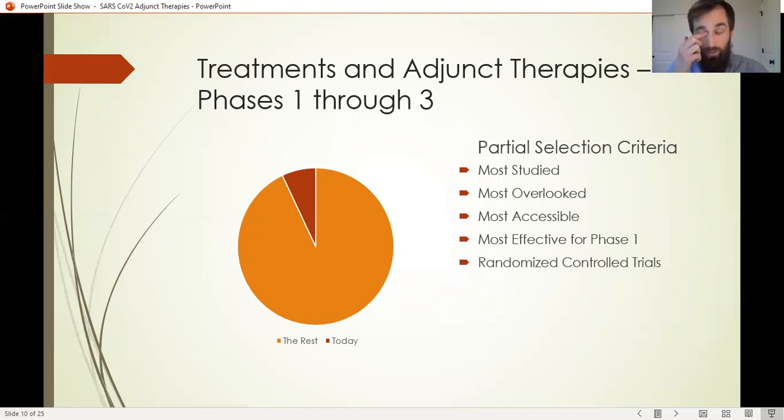In many cases these would be much less effective, some of them not effective at all, if you're trying to use them in phase 3, because phase 3 is the phase where the immune system has gone awry and is having too large of a response too late.